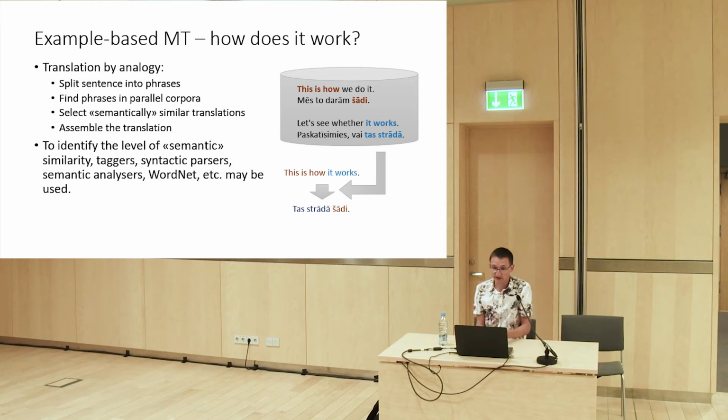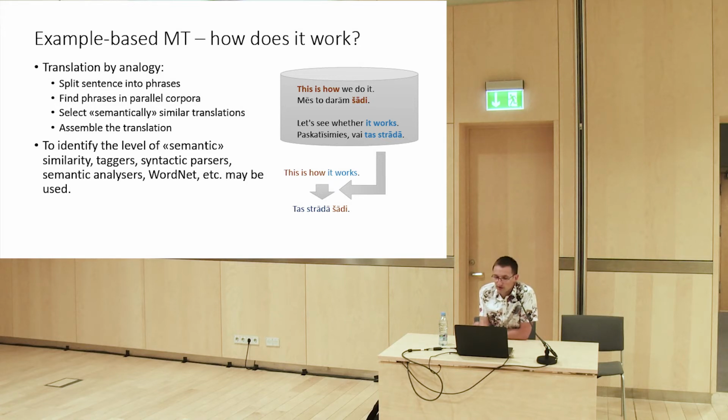First we split sentences into phrases and find those phrases that we have identified in a parallel corpus. So for instance, I have here an example, this is how it works, and I have to translate it. So I look in the parallel corpus, which is gray, the gray cylinder. I find the translations of the phrases, and then I assemble them in the translation.